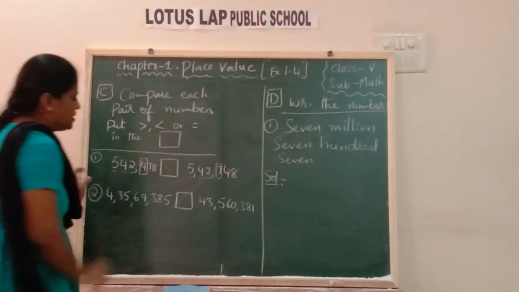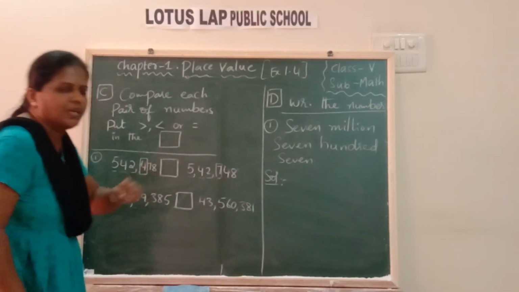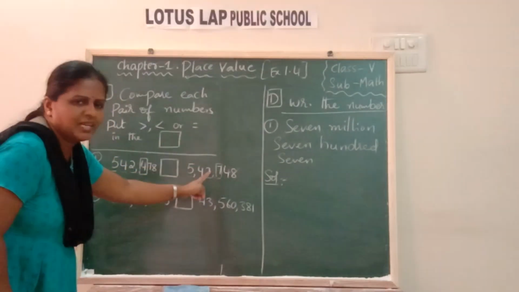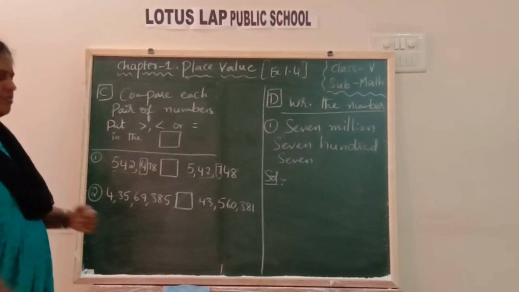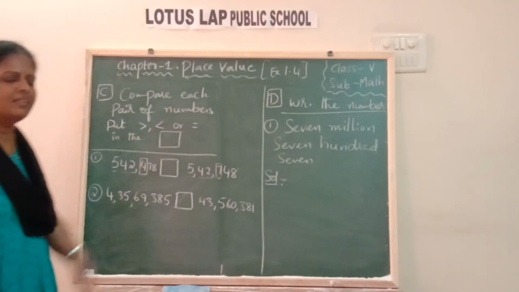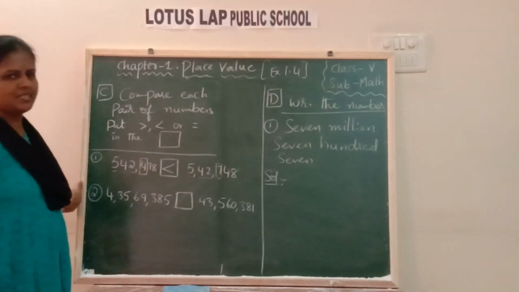The hundreds place digit here is 4. The hundreds place digit here is 7. Which is bigger, children? 7 is bigger than 4. So the second number is bigger, or it means the first number is smaller. First number is smaller than the second number. So the first number is less than the second number.